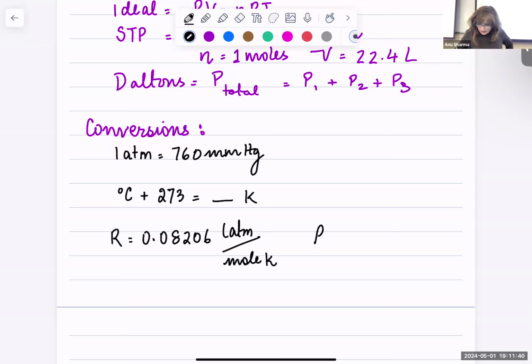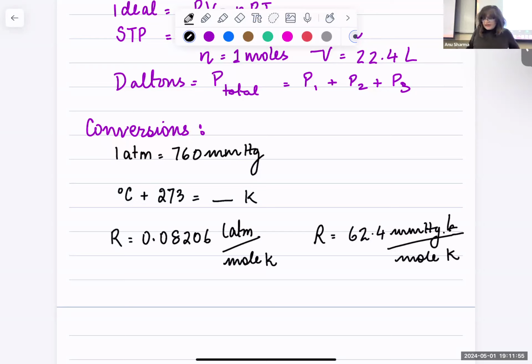And the other value of R is 62.4 millimeters of mercury times L over mole K. So if pressure is in atm, then you use that value of R. If pressure is in millimeters of mercury, then you use that value of R. Okay, so that's one piece.